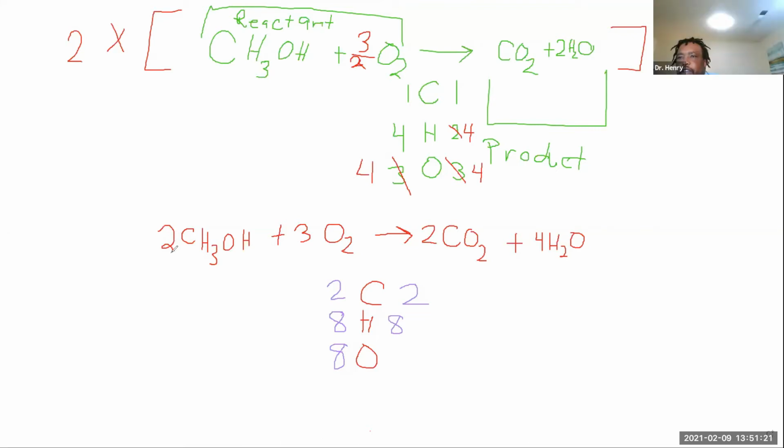Okay, because the coefficient is multiplied by whatever number's here. This is understood to be a 1. There's an oxygen here, is there not? So 1 times 2 is 2. And then over here, we have 3 times 2, which is 6.